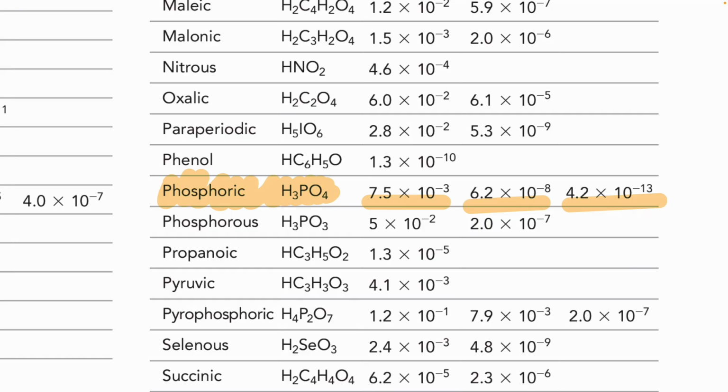All right? So, importantly, what this means is if I was asked to calculate the pH of phosphoric acid, H3PO4, I would want to use that Ka1, that first value listed.